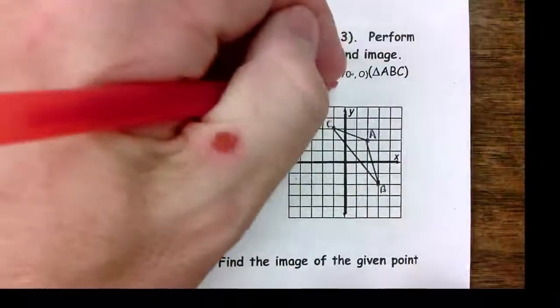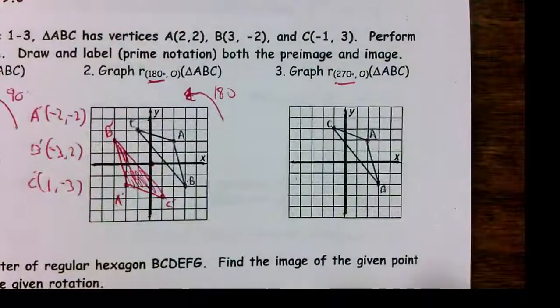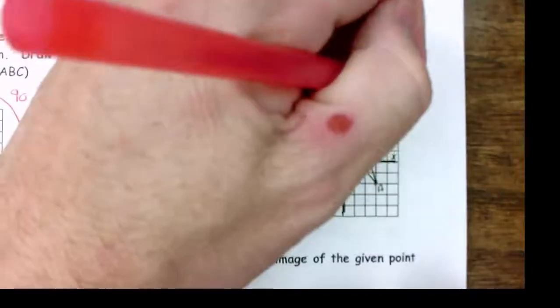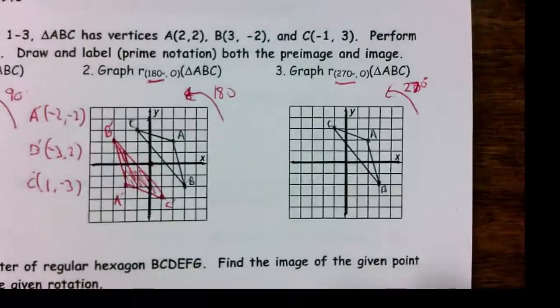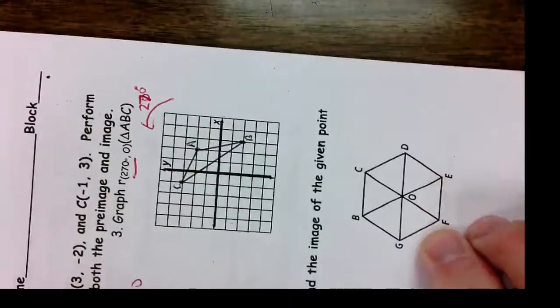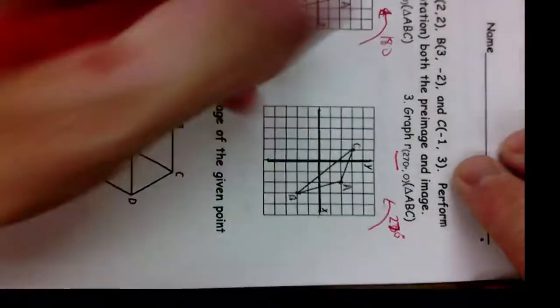Next up, I'm supposed to rotate 270 degrees. So 270 degrees in that direction would be 3 turns of the graph. So let's go ahead and do it. There's 1 turn, that's 90 degrees. There's 2 turns, that's 180. There's 3 turns, that is now 270 degrees.